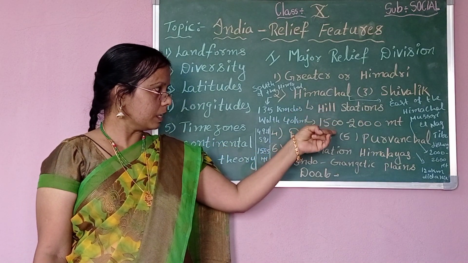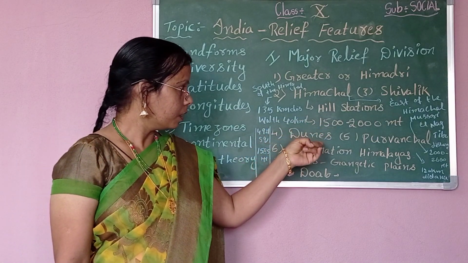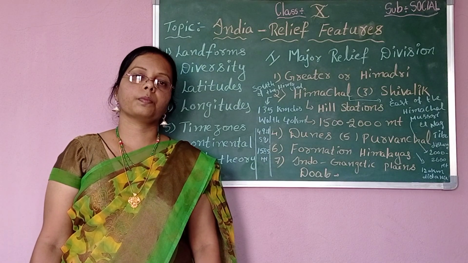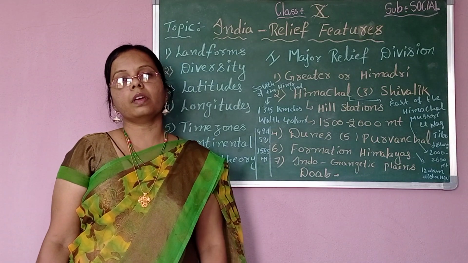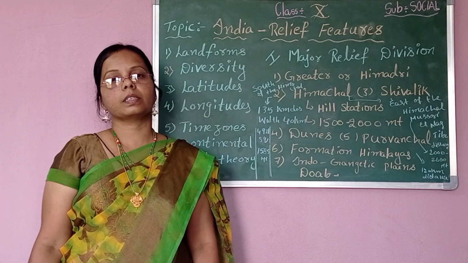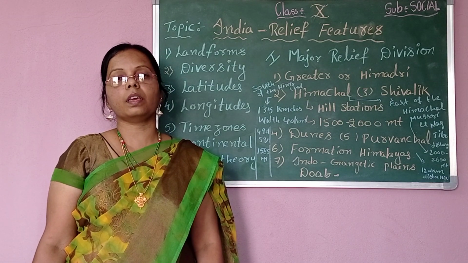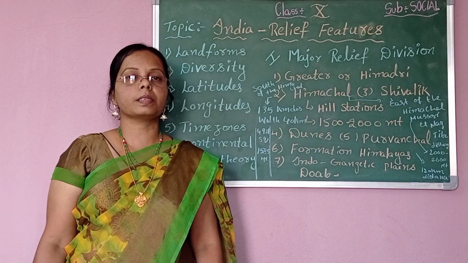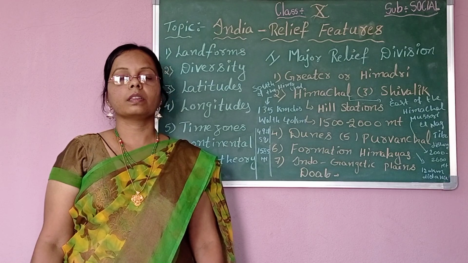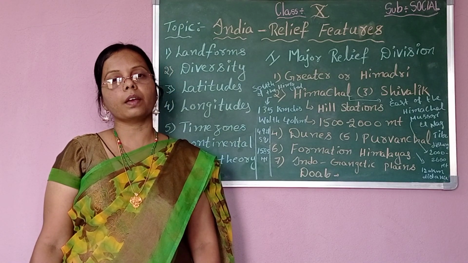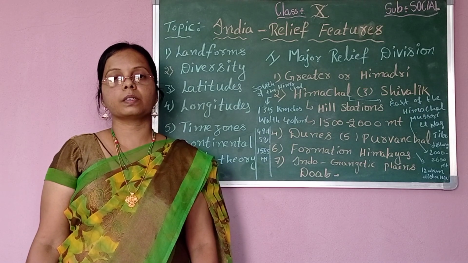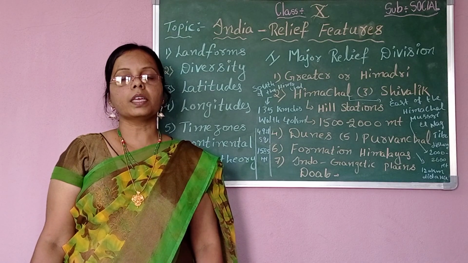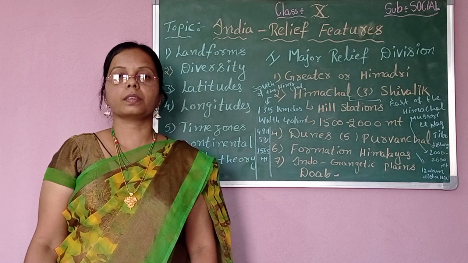After these three ranges, we have to discuss the formation of the Himalayas. The formation of these Himalayas has a great influence on the climatic conditions of India. These Himalayas act as barriers, protecting India from the cold winds blowing from Central Asia, especially in severe winters.